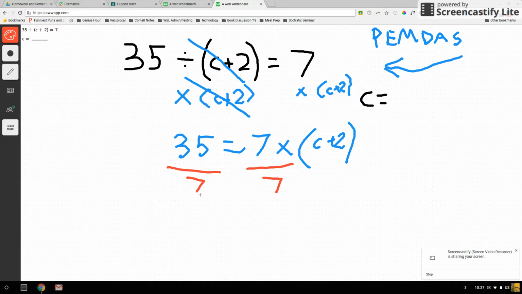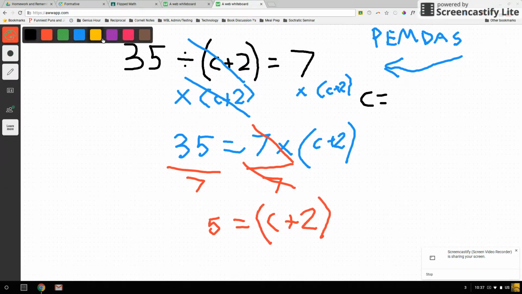I'm going to rewrite my equation. Well, 35 divided by 7 is 5 equals, these two both go away, and now we have c plus 2 on this side. It's like a giant puzzle. We just take it one step at a time, and we get there.